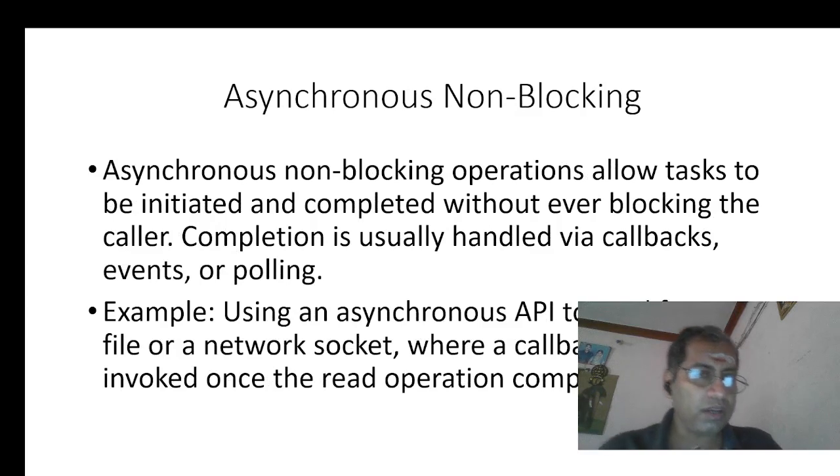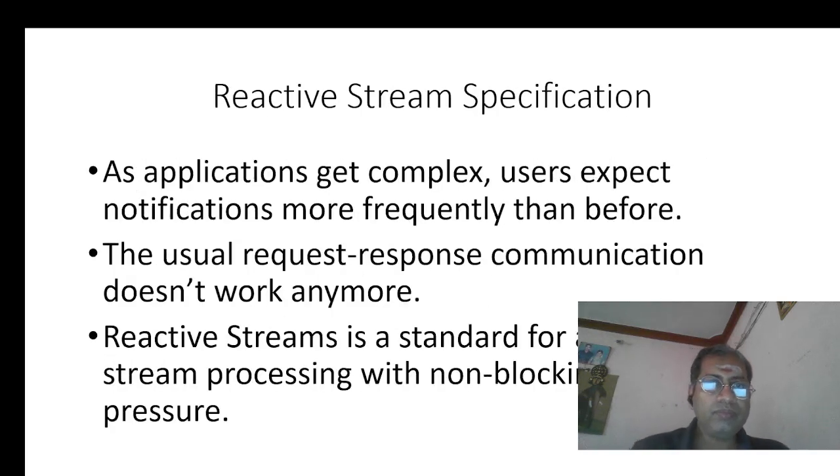Asynchronous non-blocking. Asynchronous non-blocking operations allow tasks to be initiated and completed without ever blocking the caller. Completion is usually handled via callbacks, events, or polling. For example, using an asynchronous API to read from a file or a network socket where a callback function is invoked once the read operation completes.